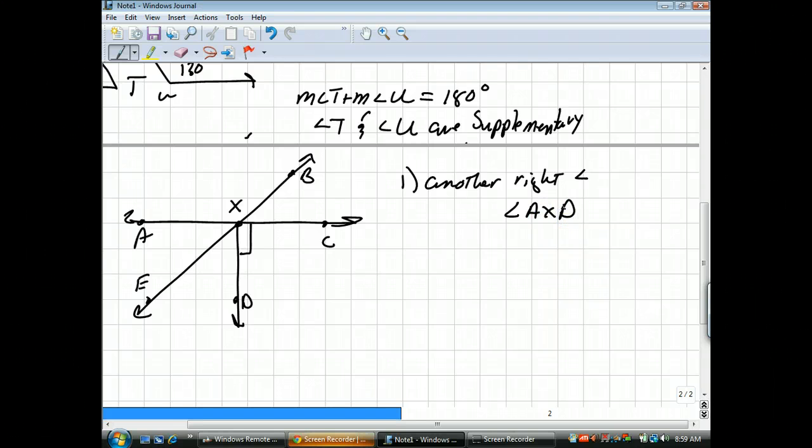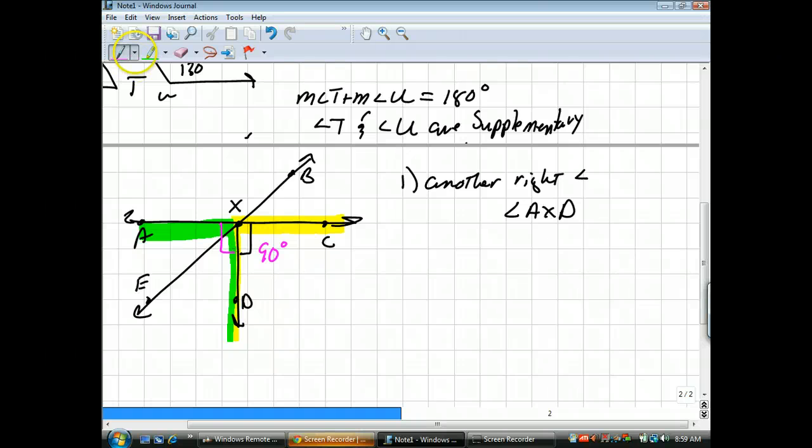Because angle CXD and angle AXD form a straight angle, they must be supplementary. And since we know that a straight angle has a measure of 180 degrees, and this one is 90 degrees because of the symbol, then this angle must also be a 90-degree angle.